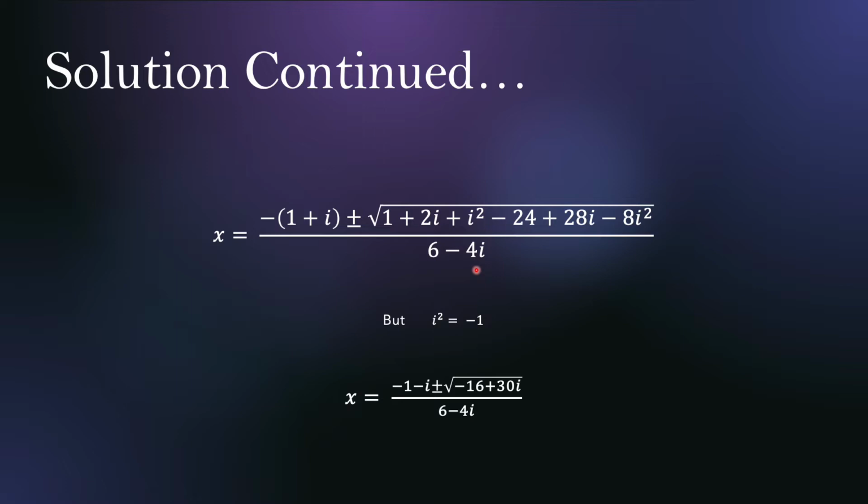When we simplify whatever is in the root, we come up with 1 plus 2i plus i squared minus 24 plus 28i minus 8i squared. But we know that for complex numbers, i squared is equal to negative 1. So if I substitute negative 1 for i squared here and here, this is what I get.